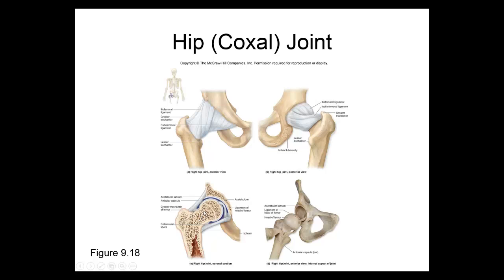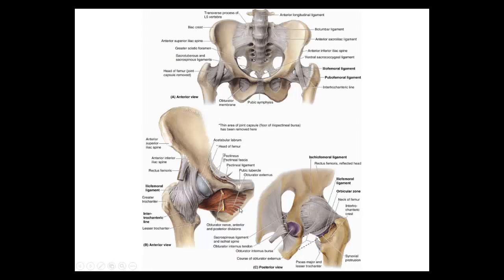So that's our fifth ligament. So again, iliofemoral, pubofemoral, and ischiofemoral, and then we have ligamentum teres and transverse acetabular ligament. These are the ligaments of your hip joint.